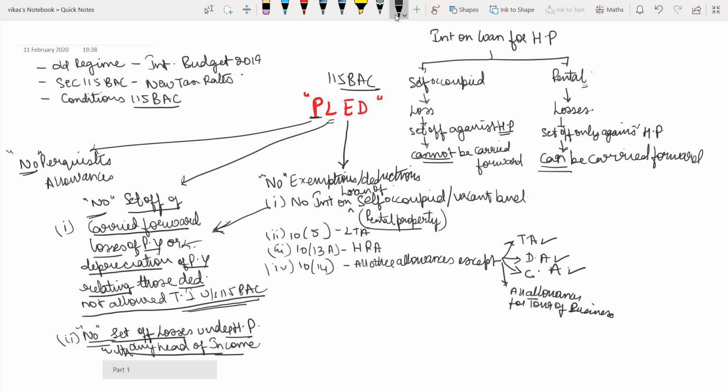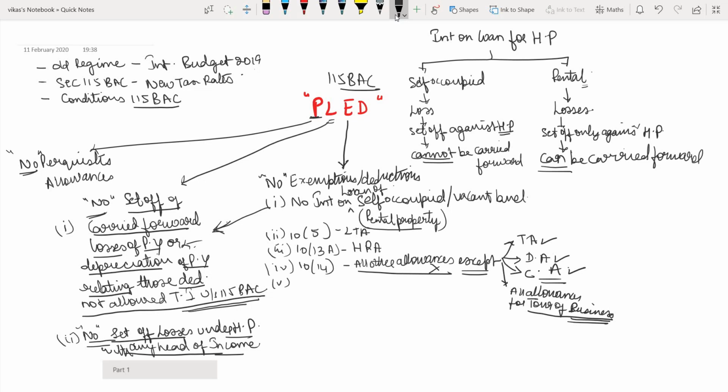Conveyance allowance is granted to meet the expenditure on conveyance in performance of the office duties. And all other allowances incurred on tour for business purposes are allowed. Okay, so all other allowances are not allowed except TA, DA, CA and allowances for tour of business.